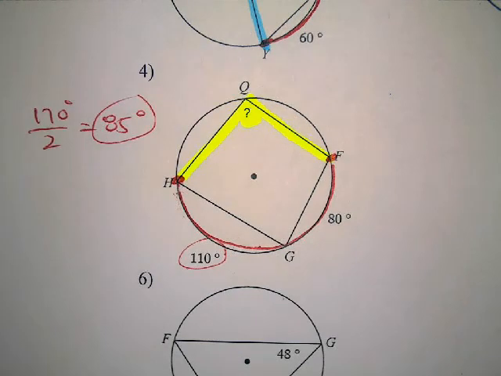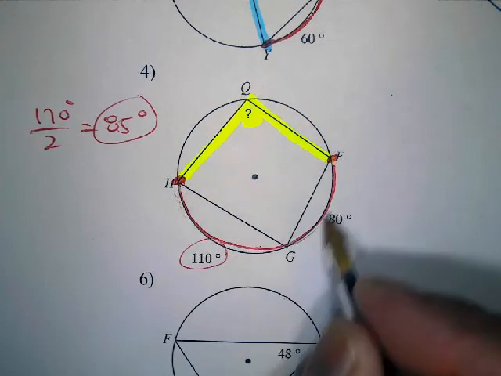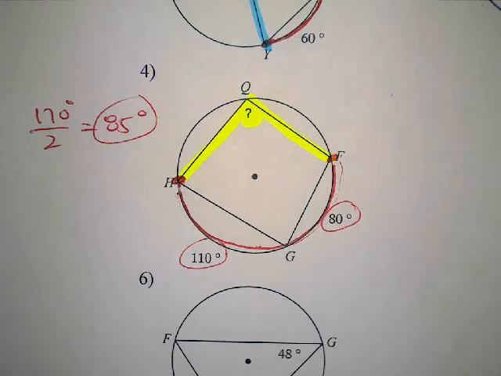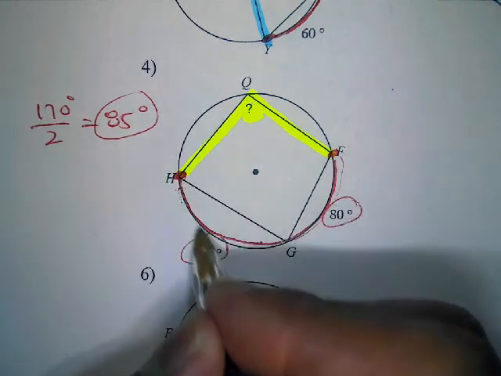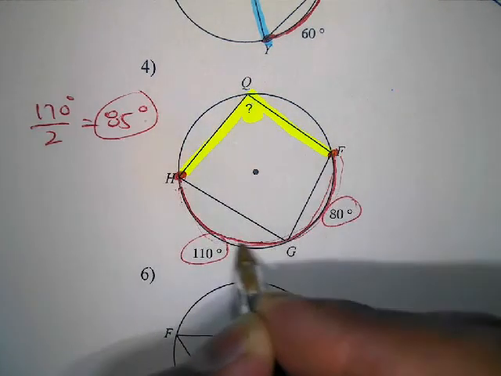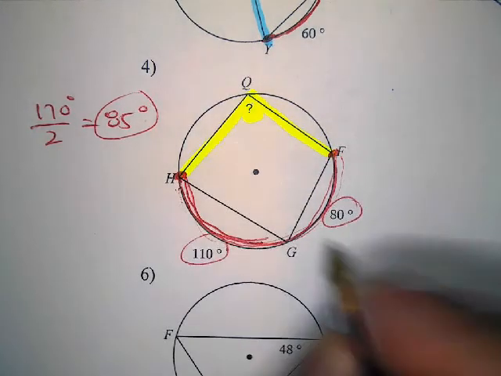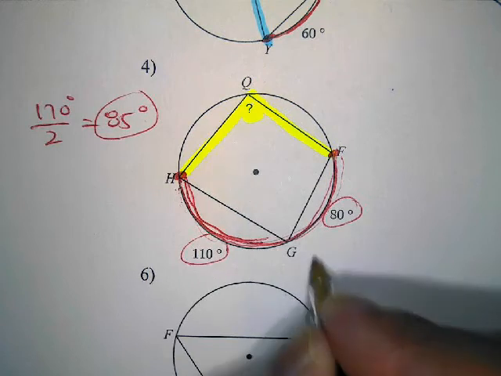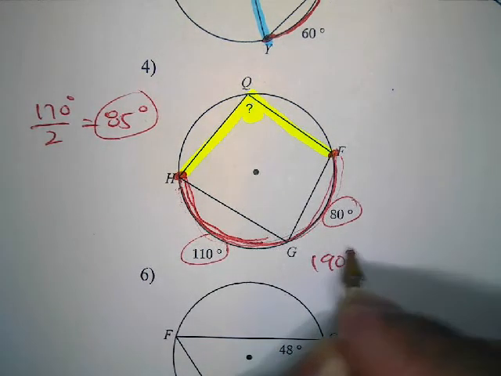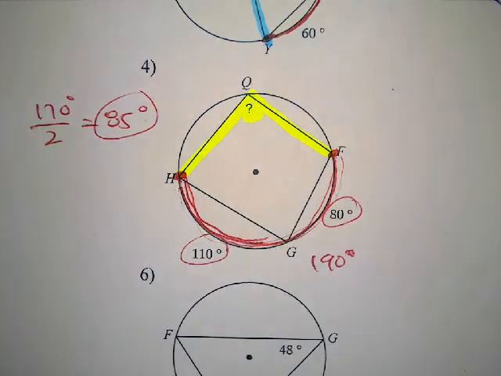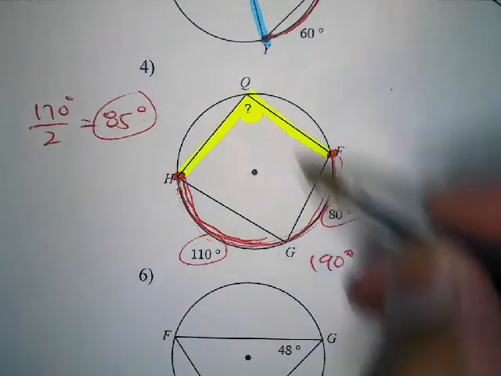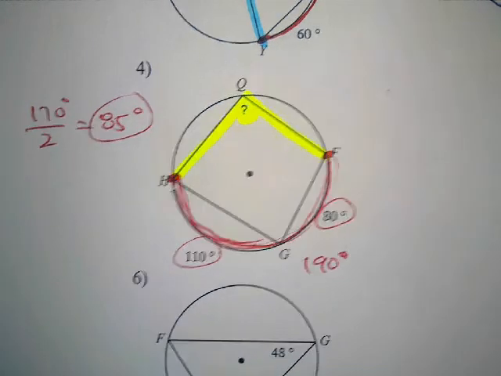Do I got this measure here from here to here? Yes, it's 110. And then it continues here from here to here. It's another 80 more. So does everybody agree this whole arc, 110 plus 80, is 190? The whole arc is 190.